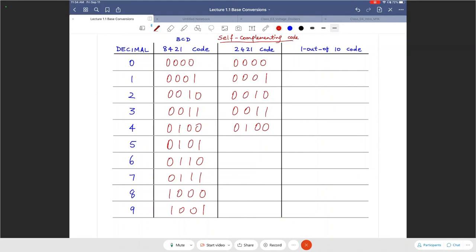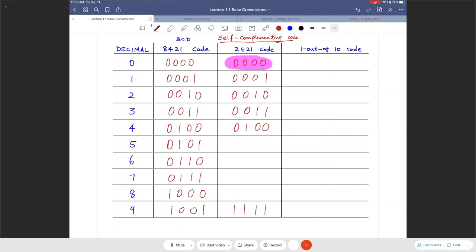Why did I call it a self-complementing code? Hold on to that question, just a second. The reason I called it a self-complementing code is because I came up with half the numbers, and the other half is going to be exactly the complement. What is the complement, bit by bit, of 0, 0, 0, 0? 1, 1, 1, 1.